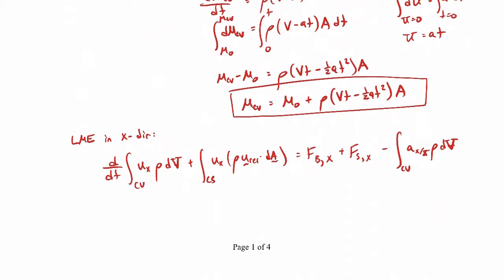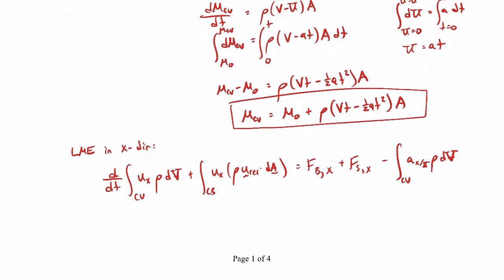And because the coordinate system's accelerating, I have this additional acceleration term in my linear momentum equation. And by the way, the ax slash x, this is the acceleration of my little coordinate system with respect to the fixed coordinate, big X coordinate system.